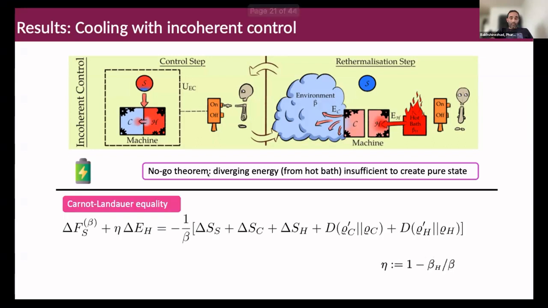But again, similar to the coherent scenario, we derived an equality based on the free energy exchange and the energy exchange of the hot part. If you look at the right-hand side, you have positive terms, because it's related to the local entropy change and the relative entropy.